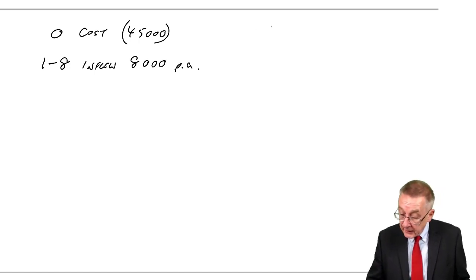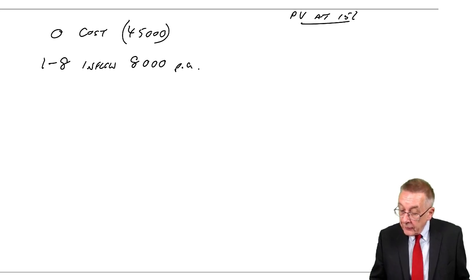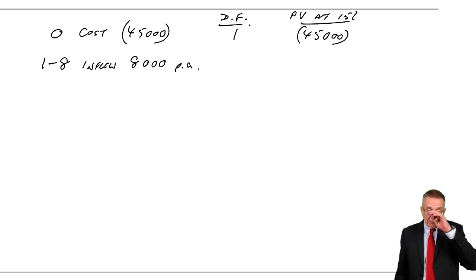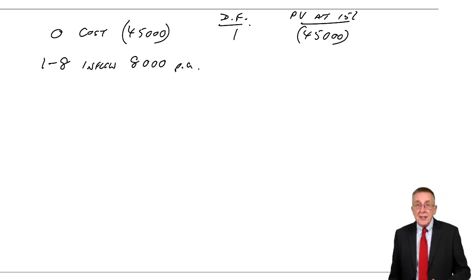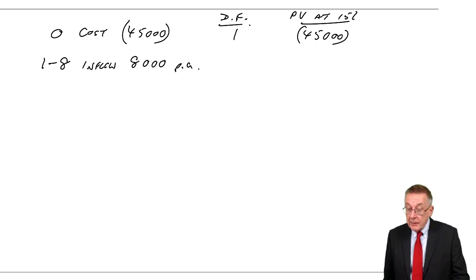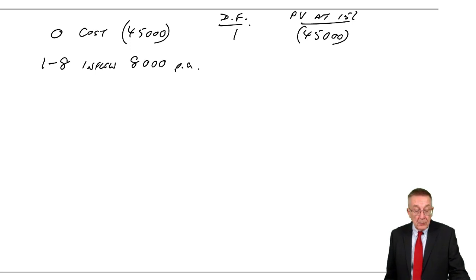When we come to discount at 15%, 45,000 discounts to 45,000. But the 8,000 a year, again, instead of multiplying each year separately by each year's discount factor, the annuity table gives us the total of the discount factors. Here we want 15%, so the 15% column.